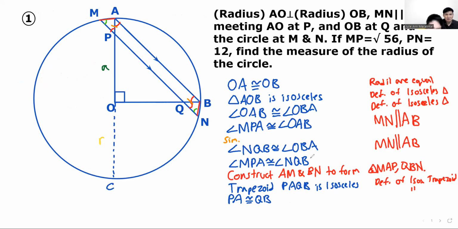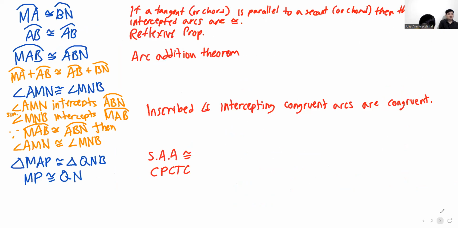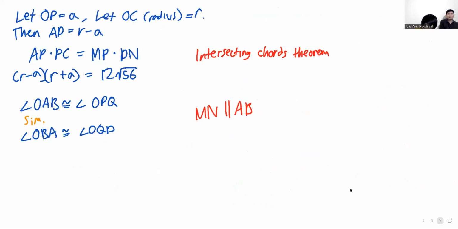So again, like earlier, those are base angles of an isosceles triangle. So OPQ is... those are corresponding angles. Yes, they are corresponding angles. Therefore, an isosceles triangle.